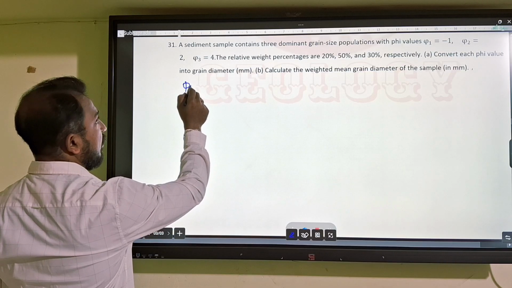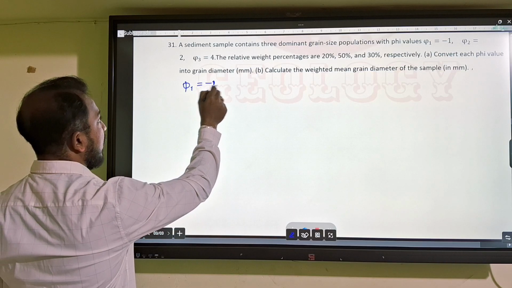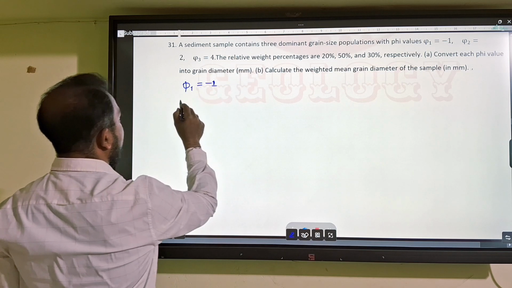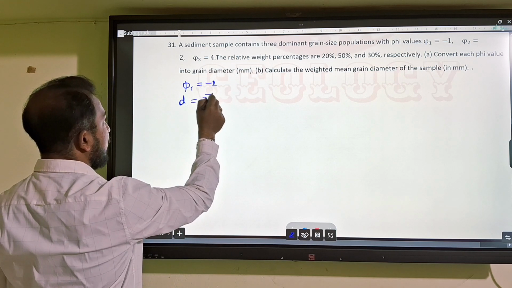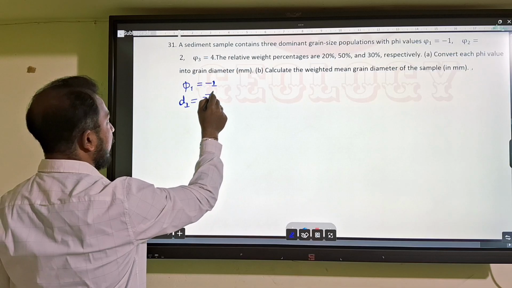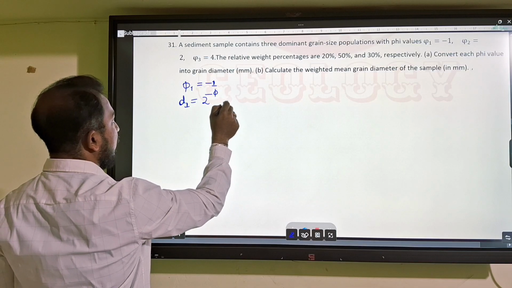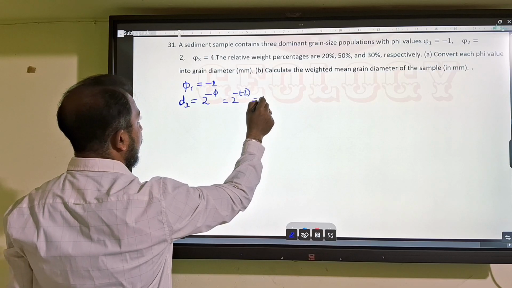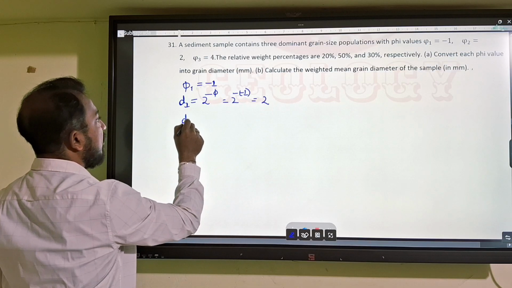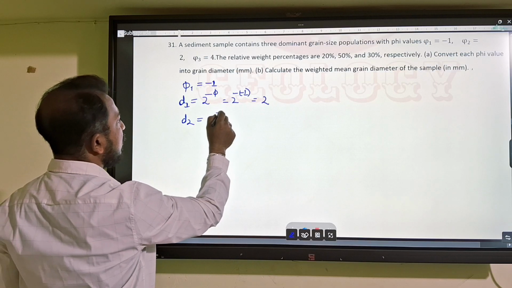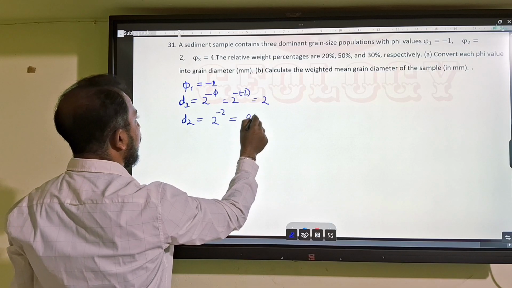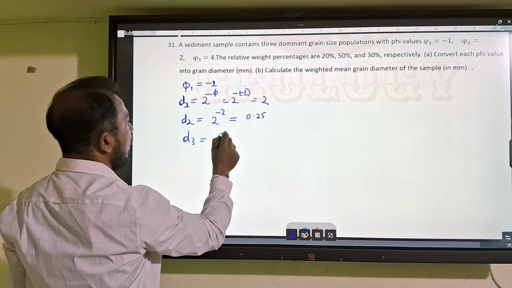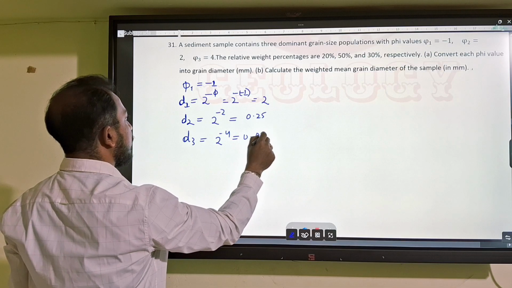So phi 1 is given minus 1. So diameter will be 2 to the power minus phi. So we'll take d1 here, 2 to the minus phi, that means 2 to the power minus 1, so it will be 2. Then similarly we will calculate d2, 2 to the power minus 2, it will be 0.25, and d3 will be 2 to the power minus 4 equal to 0.0625.